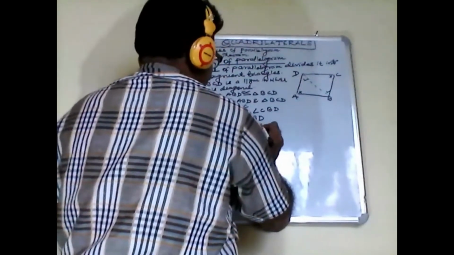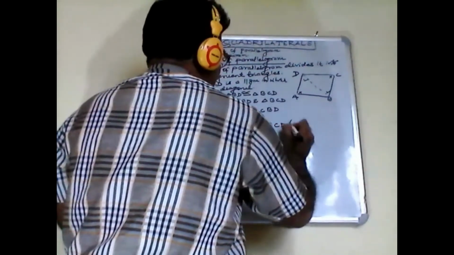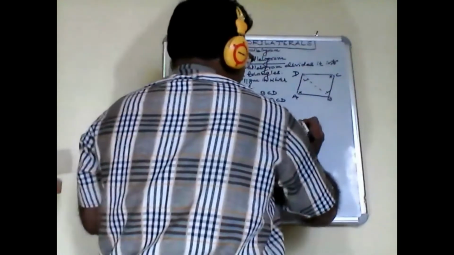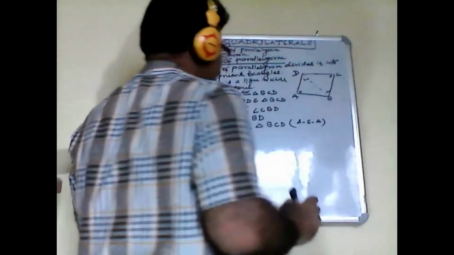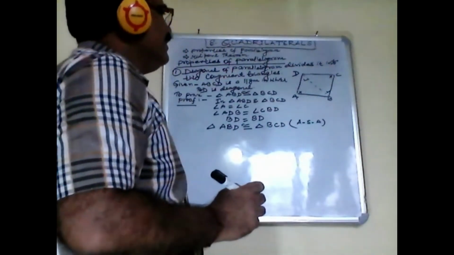So triangle ABD is congruent to triangle BCD by the ASA property, two angles and one side.